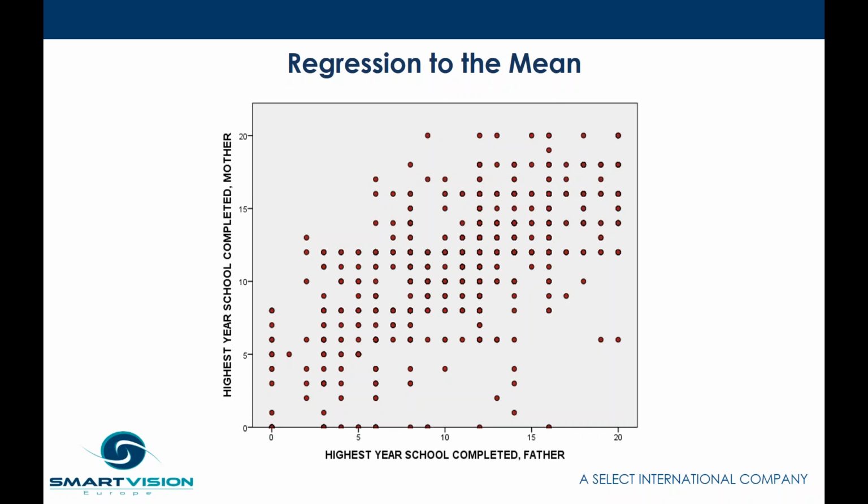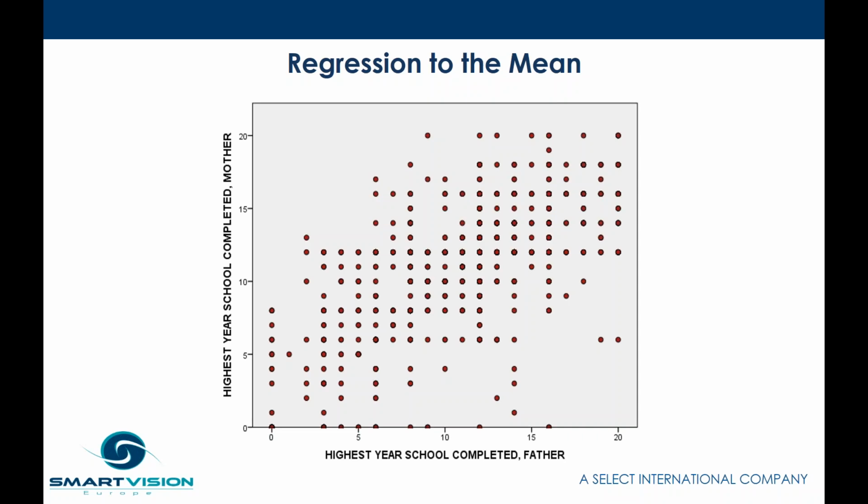Each one of these dots represents the score for a person in the survey and for their mother's and father's years of education. As there are no decimal places, you get this grid-like pattern appearing. But you can see that there is a relationship there: the more years of education your father has, the more years of education your mother tends to have.